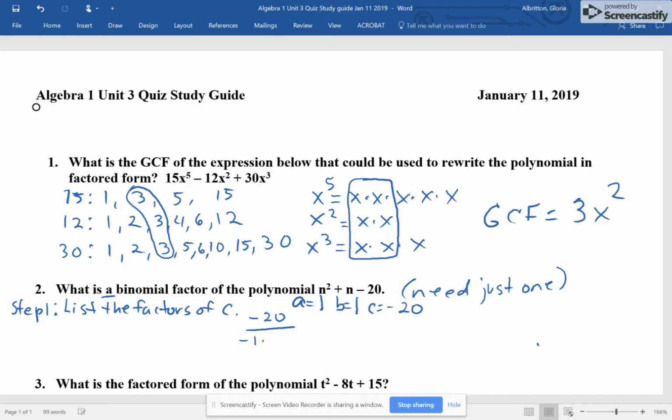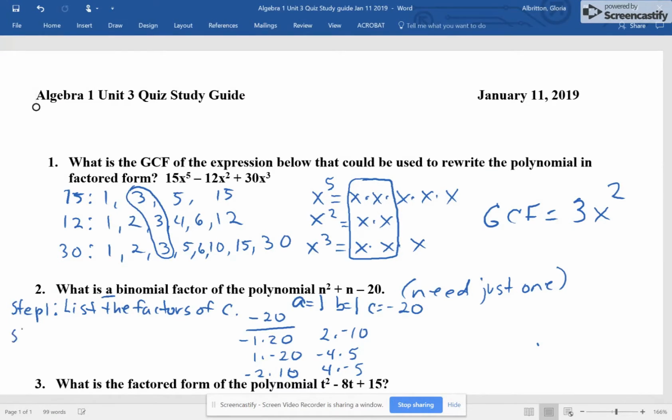Well, we've got negative 1 times 20. I could also have 1 times negative 20. I've got negative 2 times 10. We could also reverse that to positive 2 times negative 10. And we've got negative 4 times 5, or we could do 4 times negative 5.